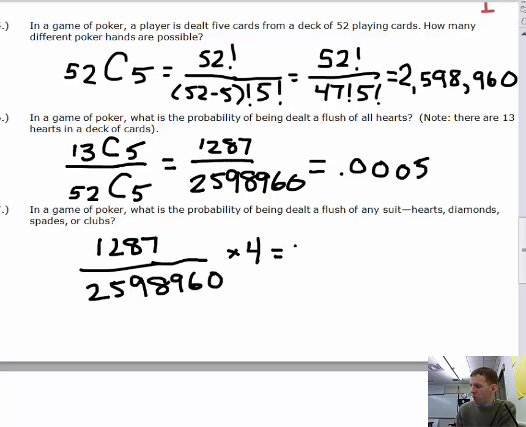And when you crunch this out, what you get is approximately 0.0019, which still is a pretty unlikely event. It's basically 0.002, which is 2 out of 1,000, basically equal to 1 out of 500. So that's a little bit better likelihood than what we had here. And that's how you handle combinations.